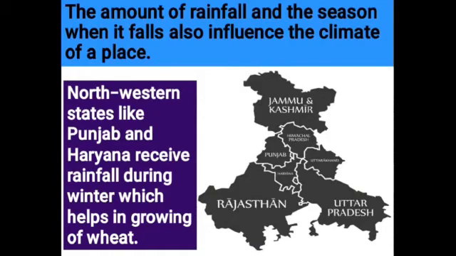The amount of rainfall and the season when it falls also influence the climate of a place. Most states in our country receive rainfall during monsoon season, but some states in northwestern India like Punjab, Haryana and Himachal Pradesh receive rainfall during winter, which helps in growing wheat.